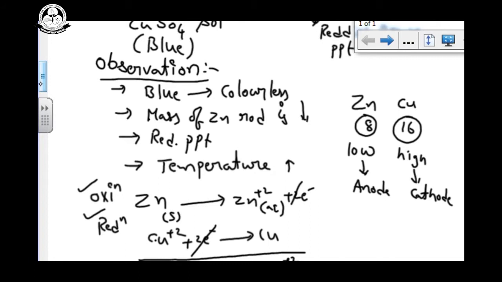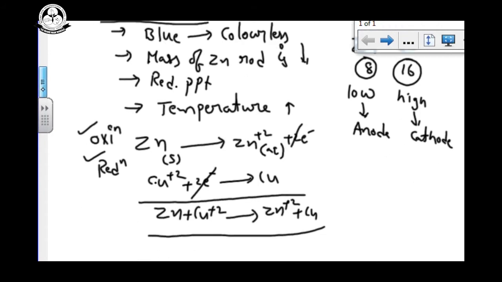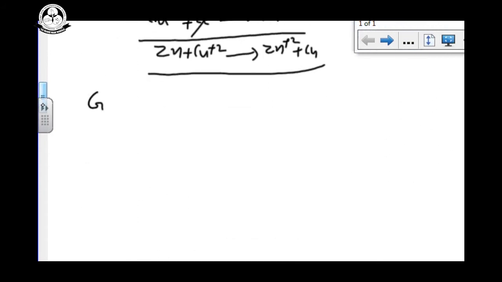Now see the first topic, galvanic cell construction. How will it be constructed? Generally, to construct a galvanic cell, we majorly need three parts.